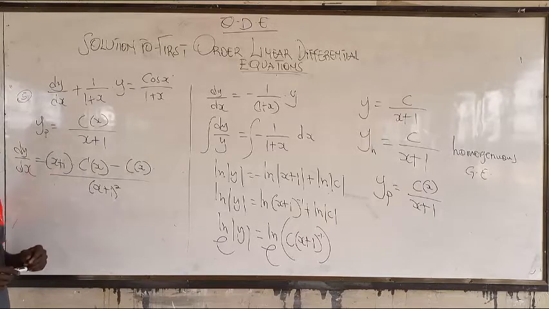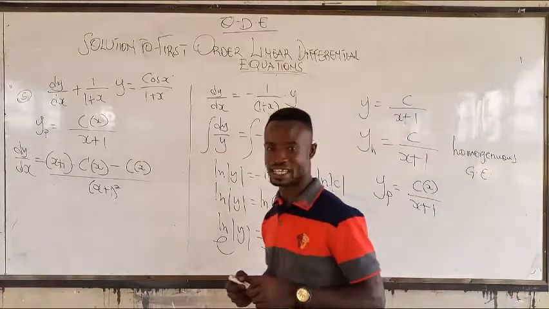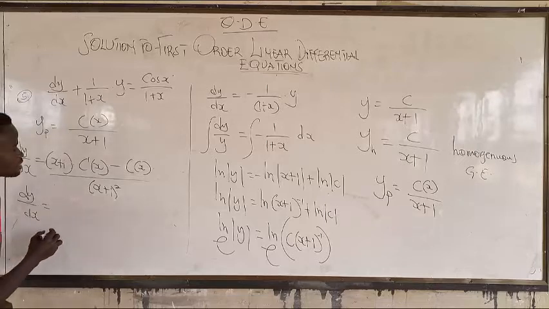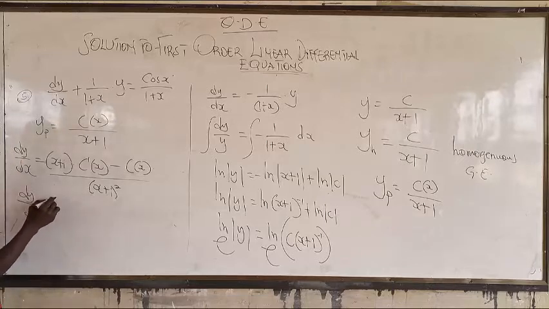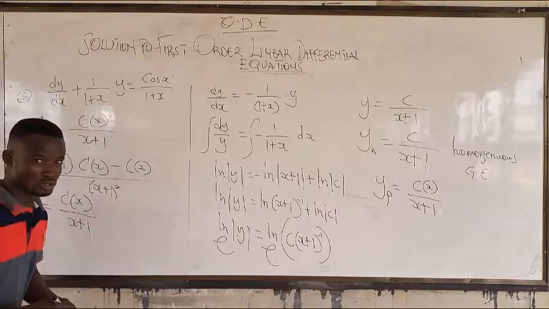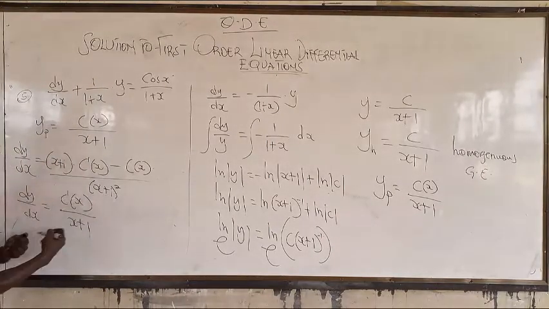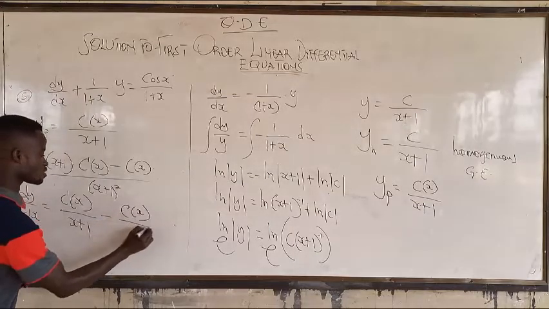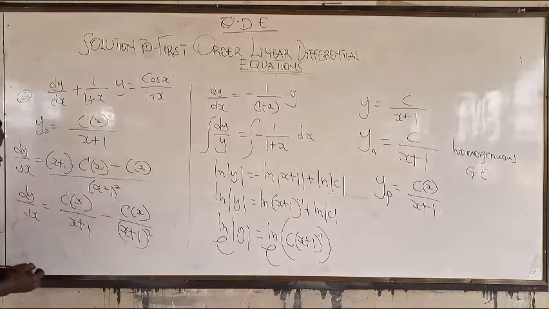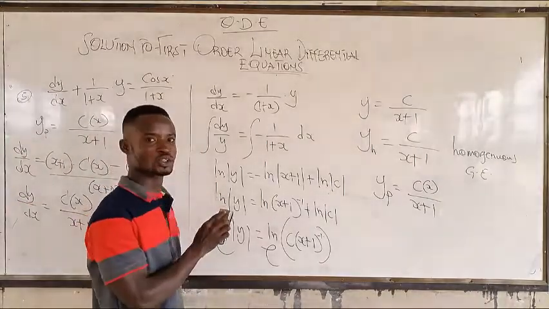So this is what we have for the dy/dx. And we can simplify it, okay? I would like us to leave it in the form. You know that we can get c prime of x over x plus 1. I hope you know that because 1 is here and you cancel one of this, so that is that. Minus c of x over x plus 1 all squared. It can never be difficult if only you know what you're doing.